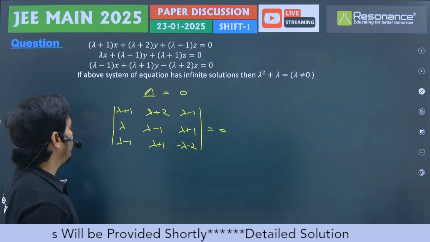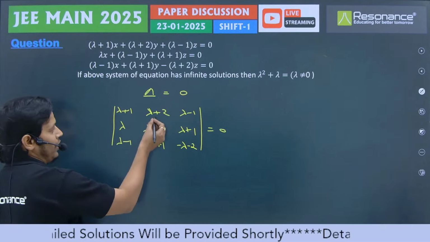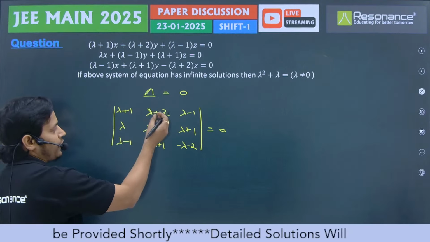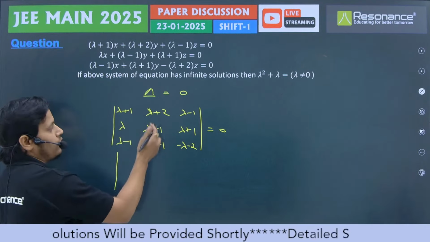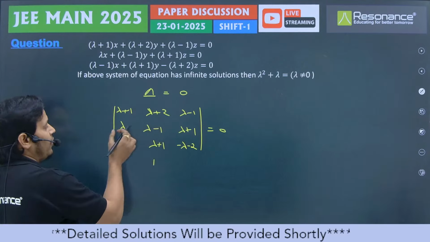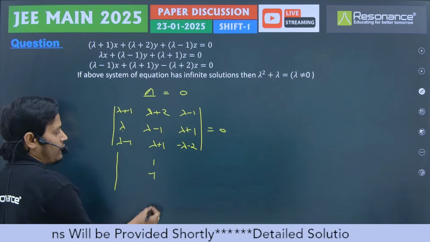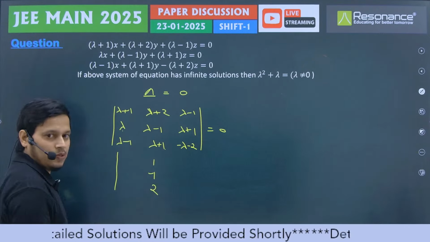Now before expansion, first I am doing some simplification. In R2 I am subtracting R1. Sorry, in C2 I am subtracting C1. So in C2 if we subtract C1, this will be 1. In lambda minus 1 if we subtract lambda, this will be minus 1. In lambda plus 1 if I subtract this one, this will be 2.